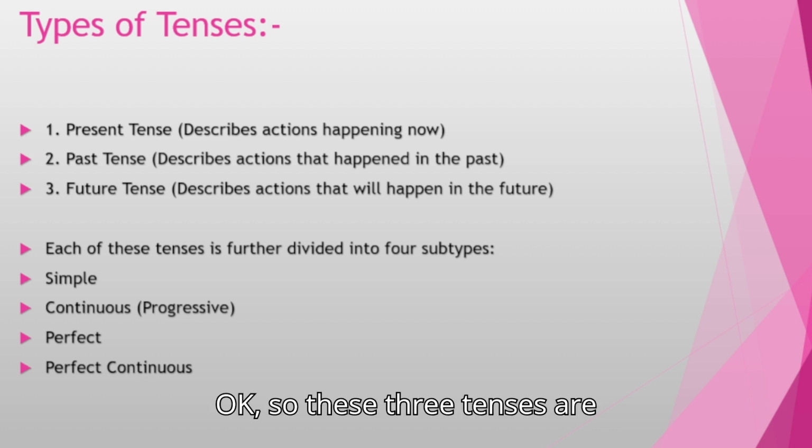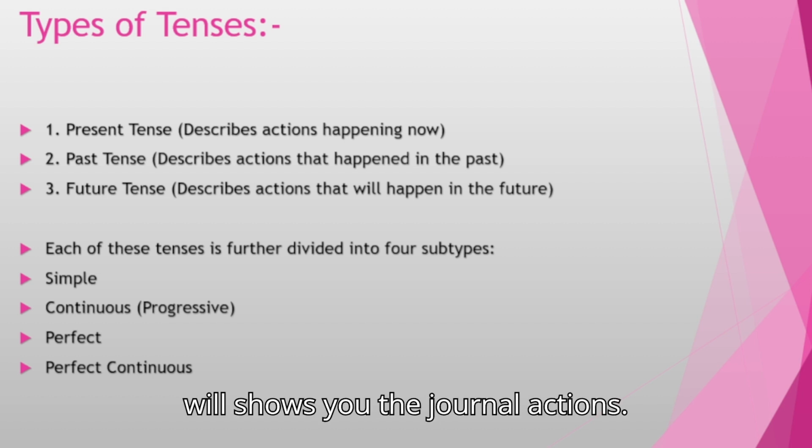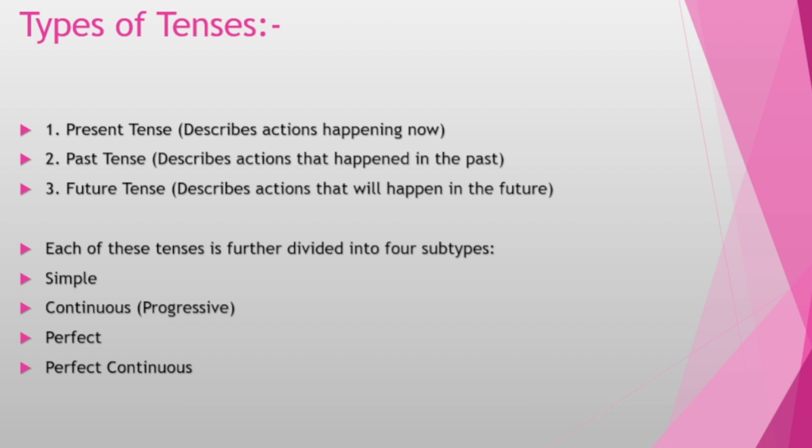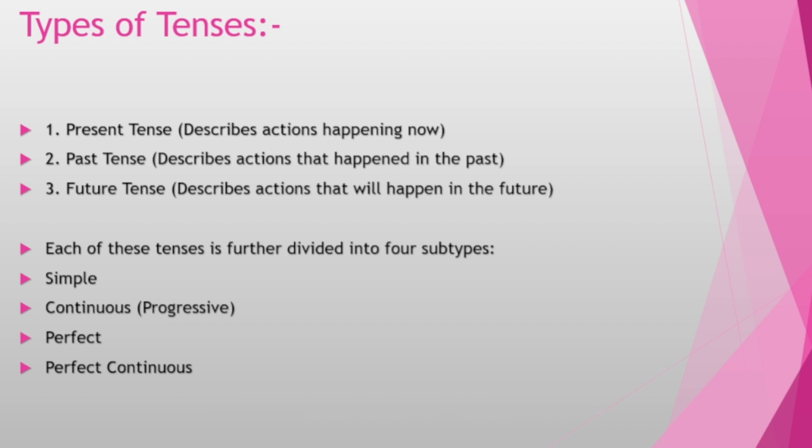Okay. So these three tenses are further divided into four subparts. They are simple, continuous, perfect and perfect continuous tense. First is simple tense. As the name suggests, it will show you general actions. In continuous form, we will have actions which are in progress.